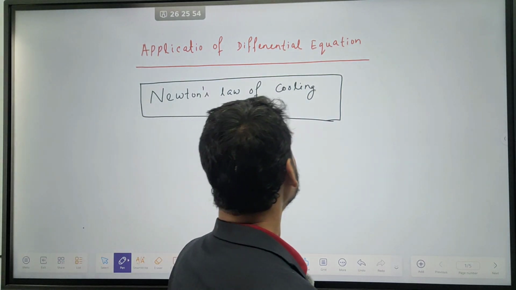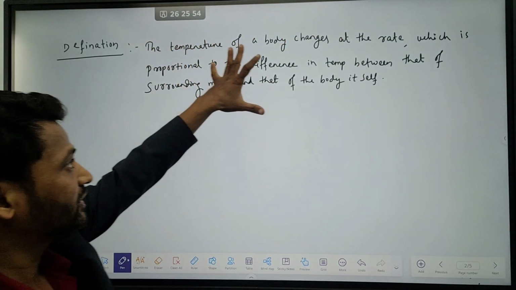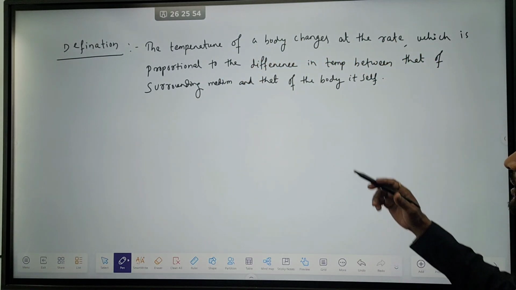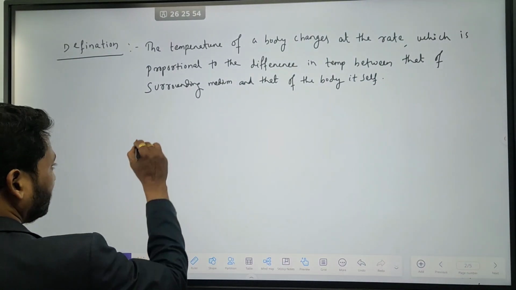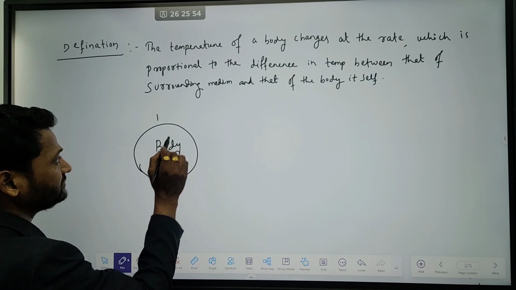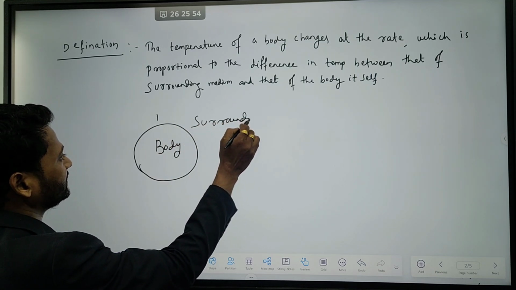So let us start. What is Newton's law of cooling? As per the definition, the temperature of a body changes at a rate which is proportional to the difference in temperature between the surrounding and the body. So this is the body or system, and this side is the surrounding.